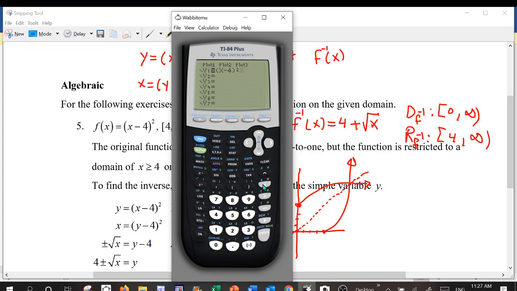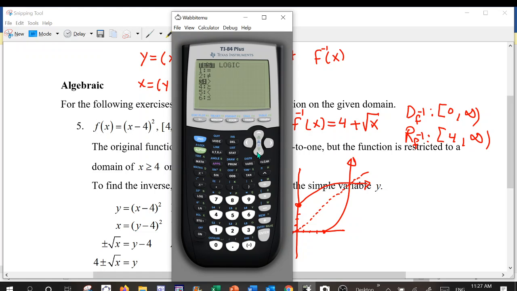So we're going to take this and divide it by parentheses the domain, which is x greater than or equal to 4, right? That's the domain. So we put the function here, but then divide it by parentheses x greater than or equal to 4. Where do we get greater than or equal to? From here, the test.